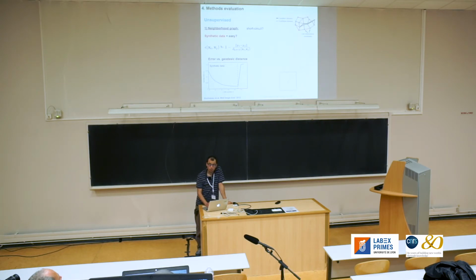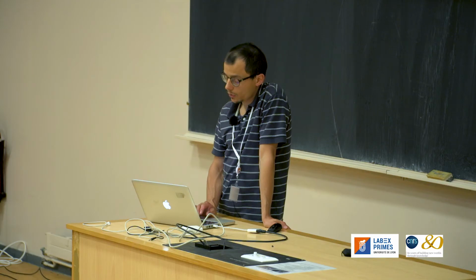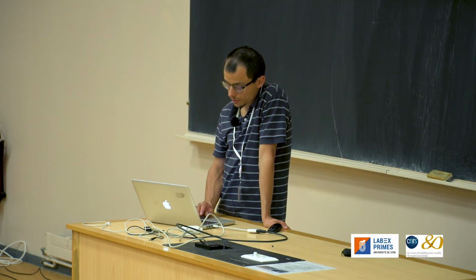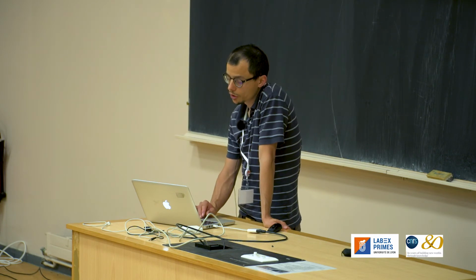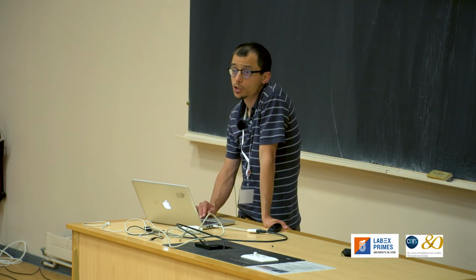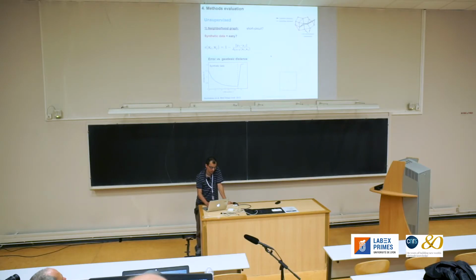So in this case, you may want to use a metric that reflects this. You may want to compute the error you're making with respect to the approximation of the distance you want to estimate. So if you want to estimate the geodesic distance, let's compute the error between my path here and my straight line here.